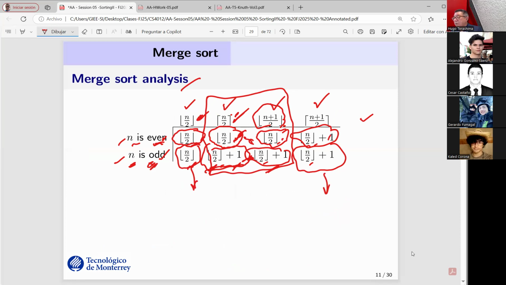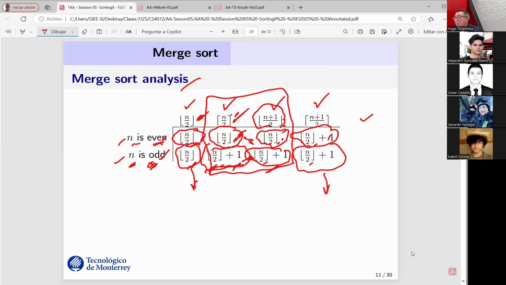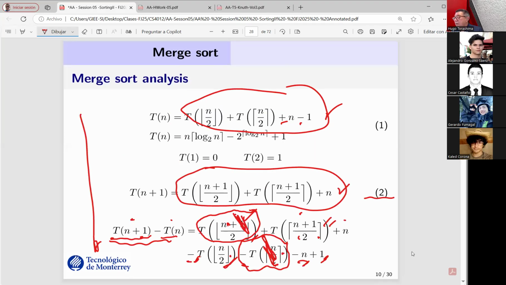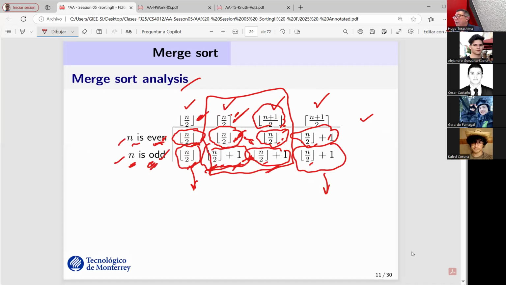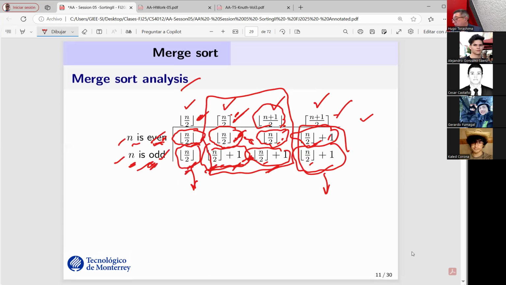So what I'm going to get is something like this, right? This is for what? N plus 1 over 2 ceiling is this expression. It doesn't matter if it is even; if this is odd, I have n over 2 plus 1. And for the other case, n over 2 floor is going to be n over 2 floor.